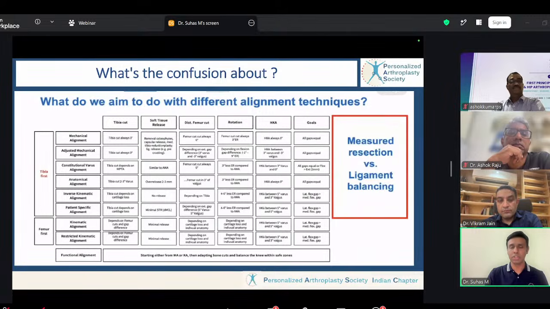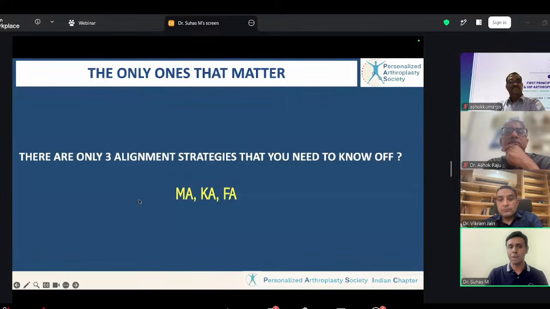When it comes to alignment, I think we've done ourselves a lot of disservice by describing multiple alignment strategies. But if you closely look between them, there is hardly any differentiation. That is the reason there is a lot of confusion between one strategy to the other, because they are very nuanced. Having practiced most of these strategies in the last 5 years, and with the backing of most faculty here on this panel, I can safely say that there are only 3 alignment strategies that you need to know and you need to practice.